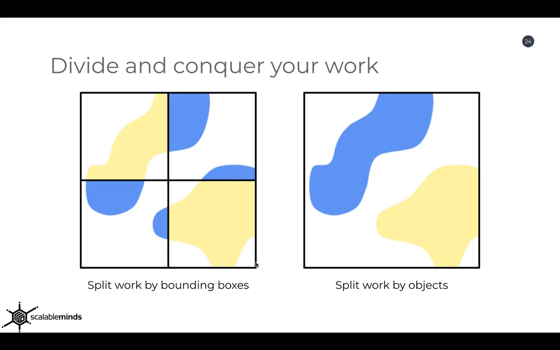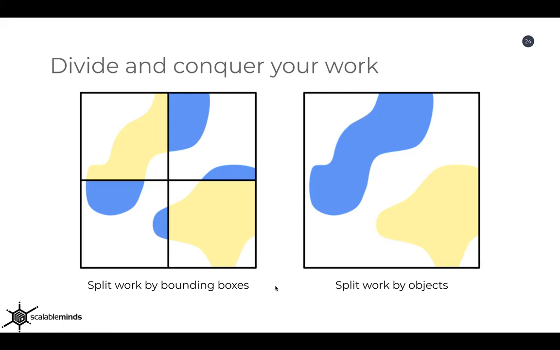And then you would take each bounding box and assign it to one annotator. And the great thing about that is that you don't need to know much about your data set up front. So you can just take your data set, chunk it up into distinct bounding boxes. Of course, you don't have to take your whole data set. You can also just sample from that if you're looking for training data. But again, you don't need to know much about your data set up front.